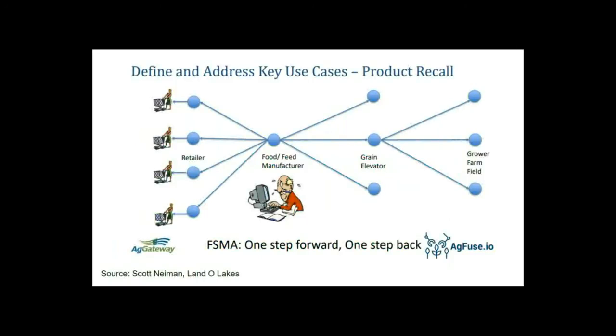Then we had a talk on, and there were a lot of speakers. There's more than just 3 speakers, but I'm just showing 3 here. We had a talk from Scott Neiman from Land O'Lakes, who more talked about agricultural data standardization through a standards body called Ag Gateway.